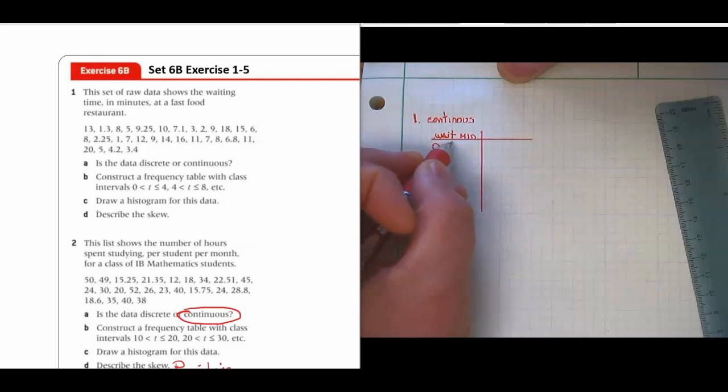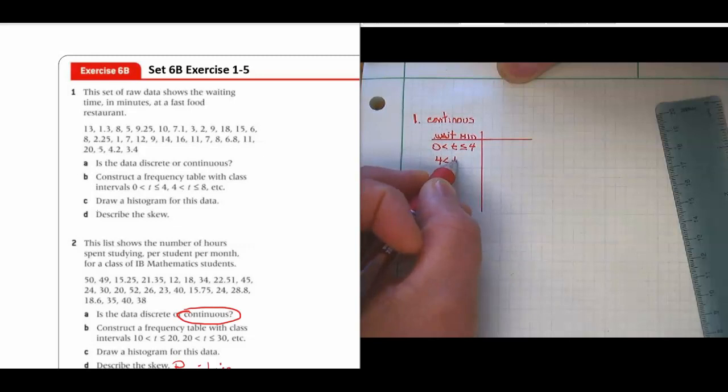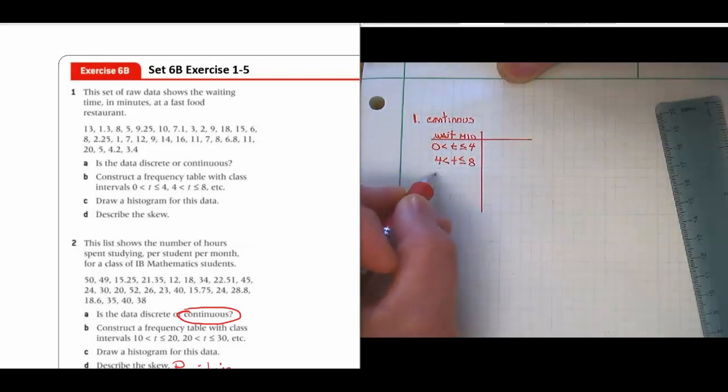And then I'm told to use these intervals. So times that are greater than 0 up to and including 4 minutes. And then from 4 minutes up to and including 8.